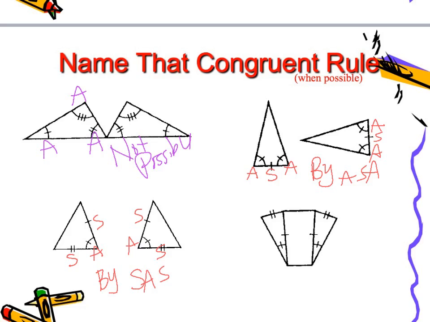And the last picture on the right here, we have a side, side, angle, side, side, angle. So hopefully you're noticing this angle is not the included angle. If it were, it would be in this position right here. Then it would be SAS. Since it's not, this is SSA, which equals not possible.